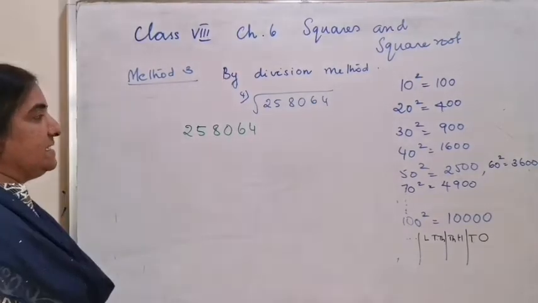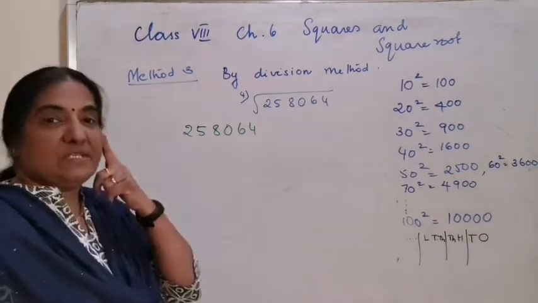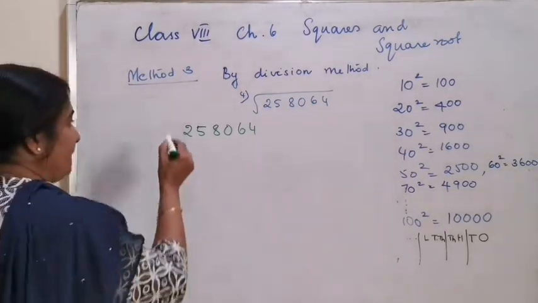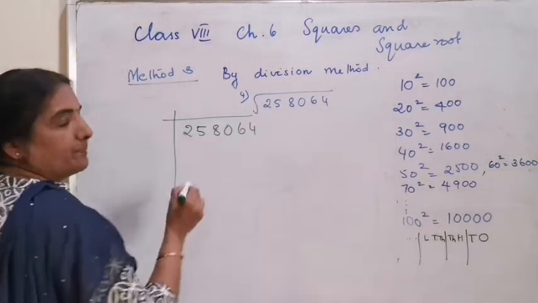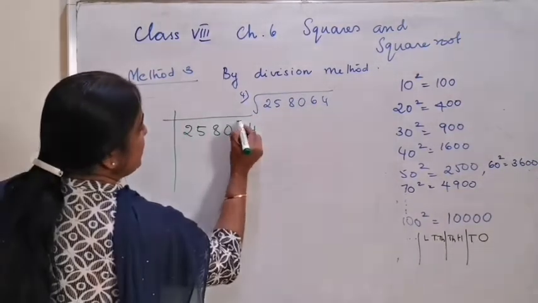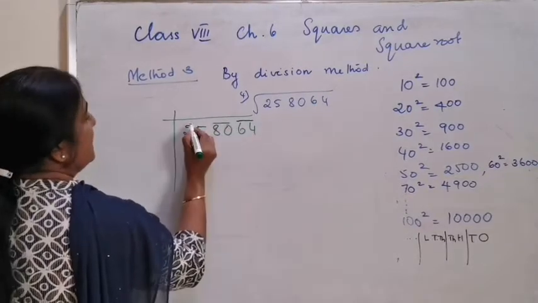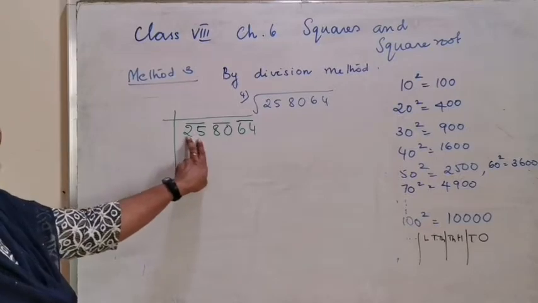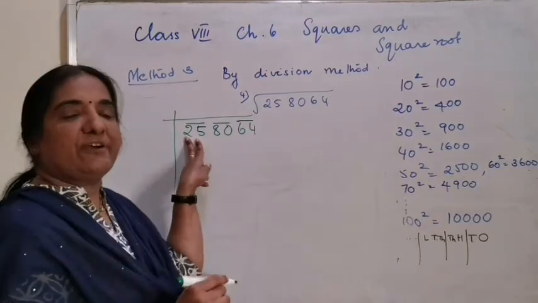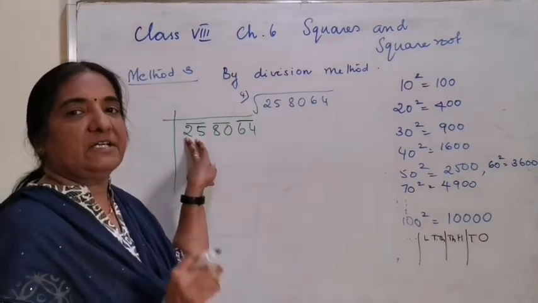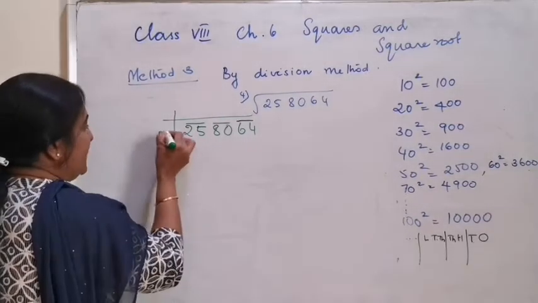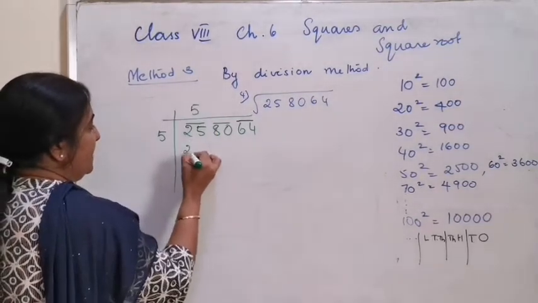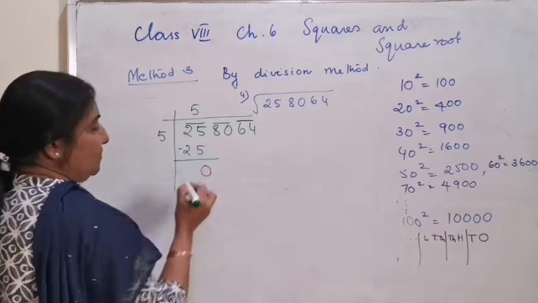Next example of 258064. That is, it is 2,58,064. The grouping from the right: 64, 80, 25. And now the perfect square close to 25 is 5 5s are 25. 5 into 5, 25, 0.